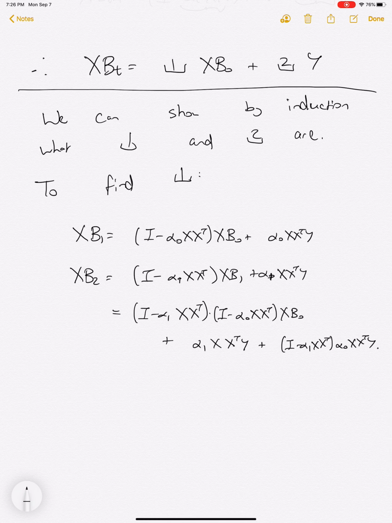What you might guess is that we're just going to get a product of these matrices all being multiplied.